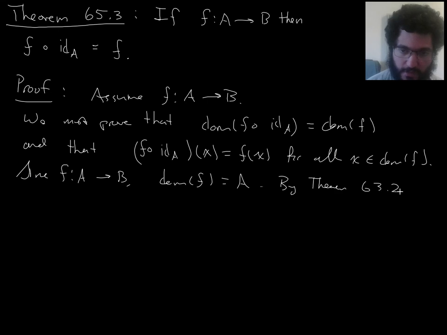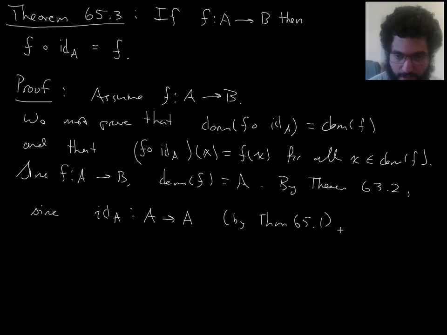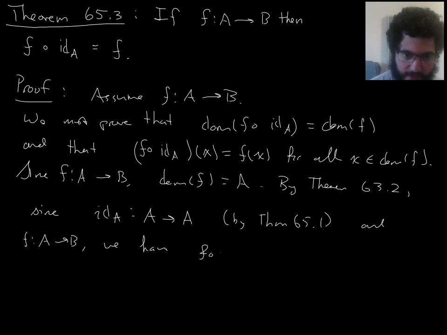By theorem 63.2, the essence of composition, since f maps A to B, or maybe it's more natural to talk about this one first. Since id A maps A to A, this is by the theorem that I'm on, a previous part 1, and f maps A to B, we have that this composite maps, okay, then you follow along the arrows.